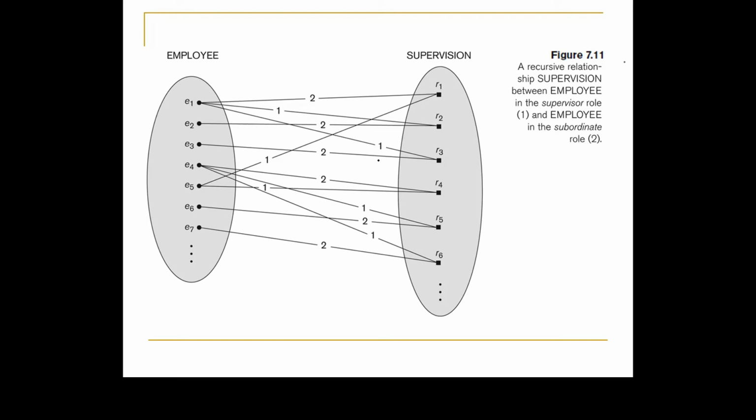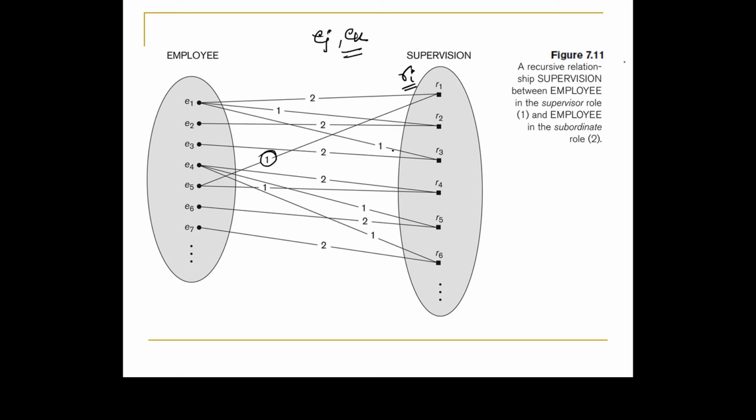Each relationship instance Ri in supervision associates two employees EJ and EK, one of which plays the role of supervisor and the other the role of supervisee. In figure 7.1, the lines marked 1 represent the supervisor role and those marked 2 represent the supervisee role.